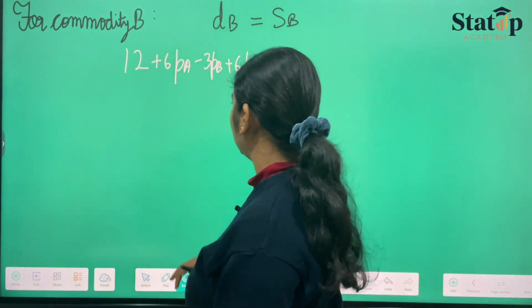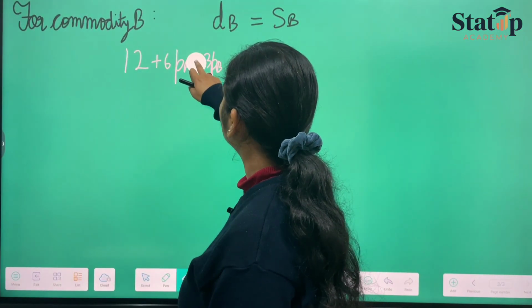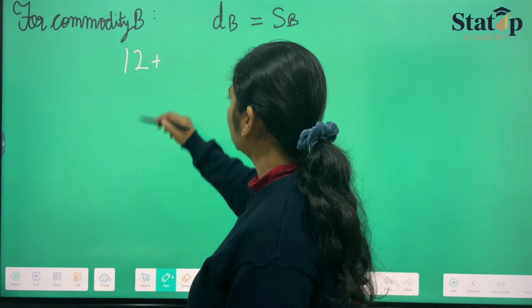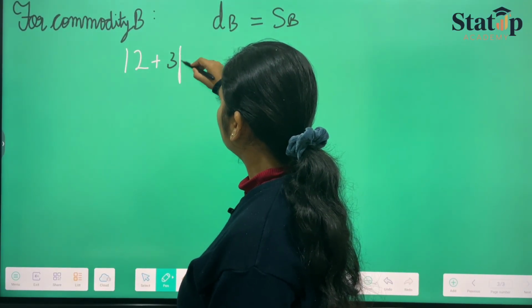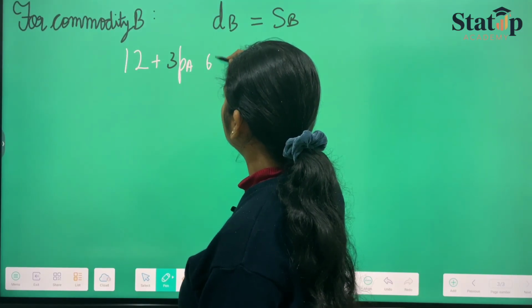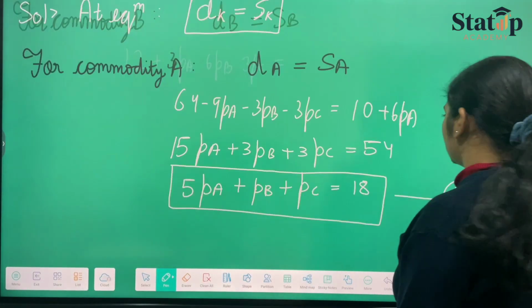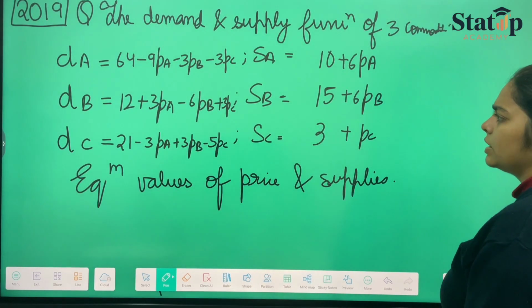Okay, these I have taken wrong: it is 3 PA, minus 6 PB, plus 3 PC, so plus, minus, plus.